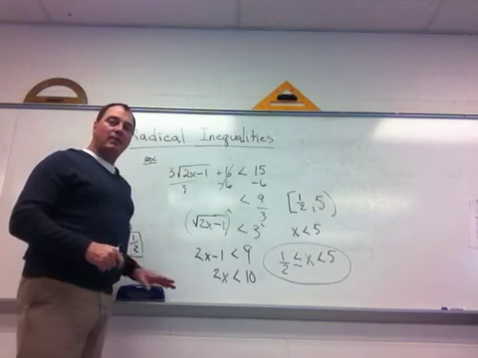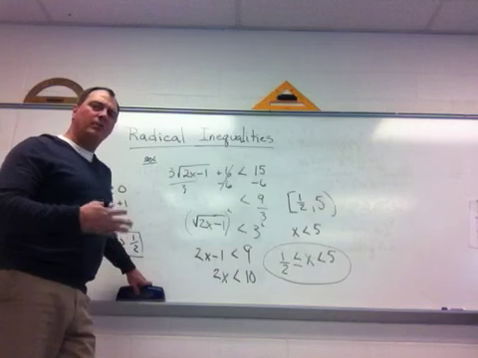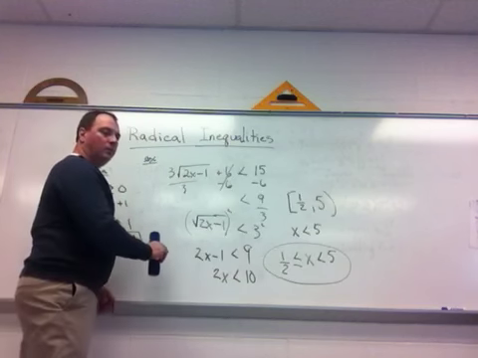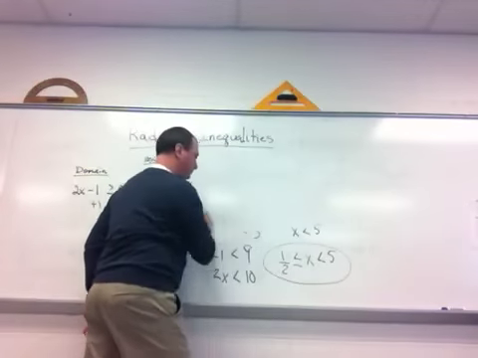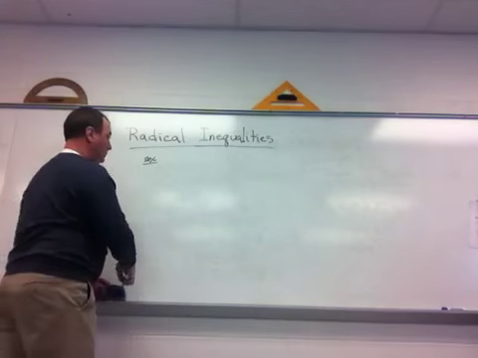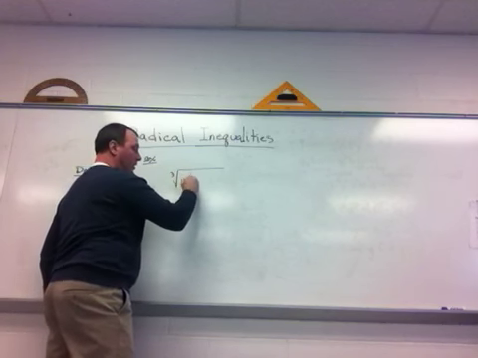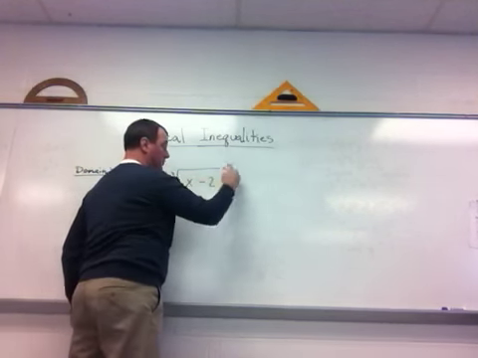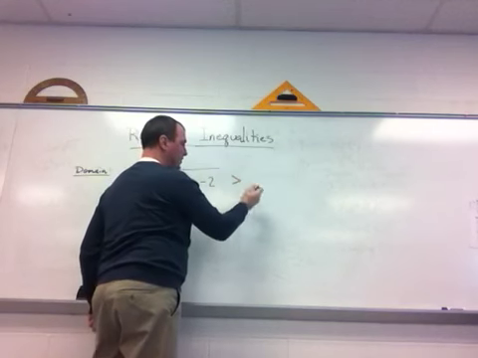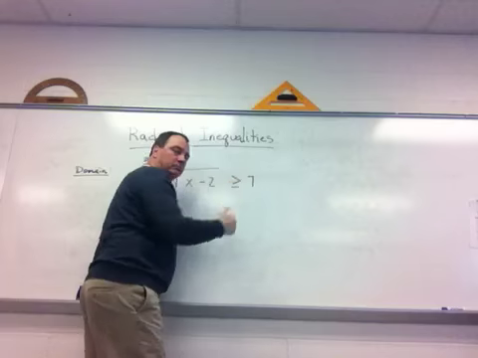Now I would like to talk about another type of question, which doesn't involve a square root but a cube root. So I'm going to put that up here. I have the cube root of x minus 2, and it's going to be greater than or equal to 7.